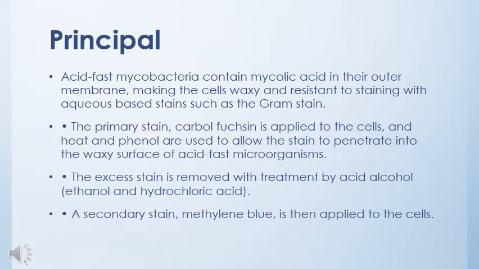After this, a secondary stain, for example methylene blue or malachite green, can be applied, and the background of the slide will appear according to the secondary stain. So this is the principle of ZN staining.